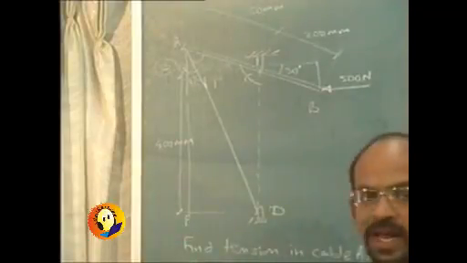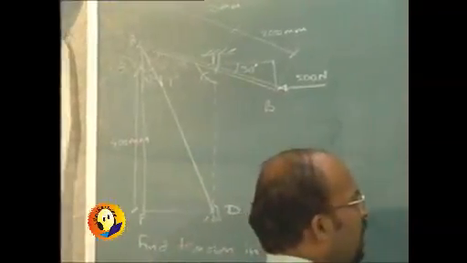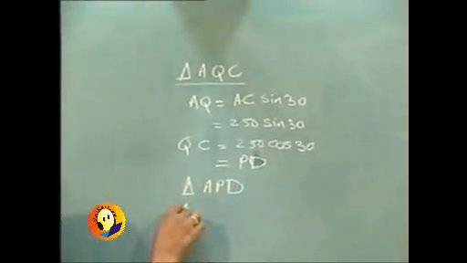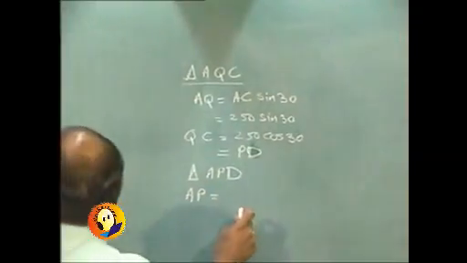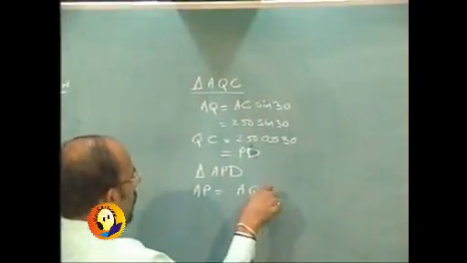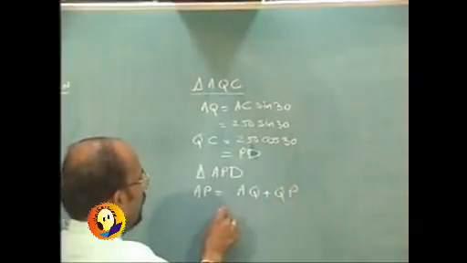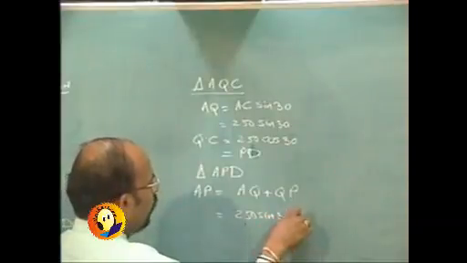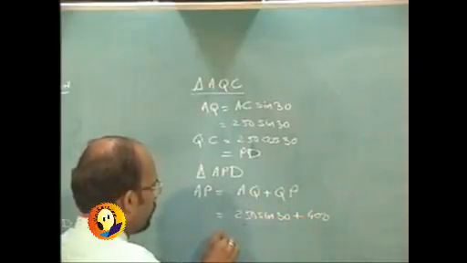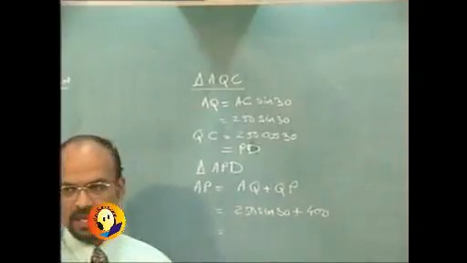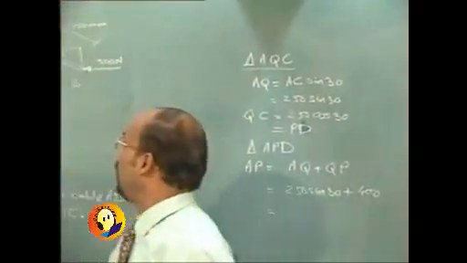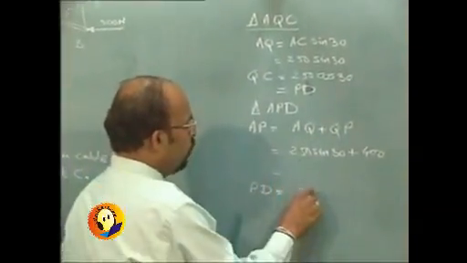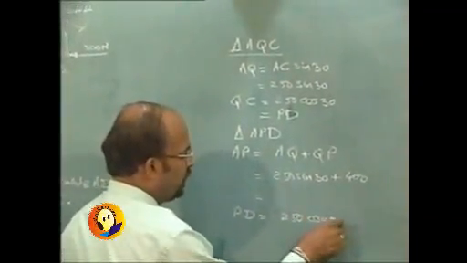Write down, for triangle APD, we have AP is equal to AQ plus QP. AQ we have just calculated as 250 sin 30 and QP is given to us as 400. So AP can be easily calculated. And then PD, we already know, is nothing but 250 cos 30.